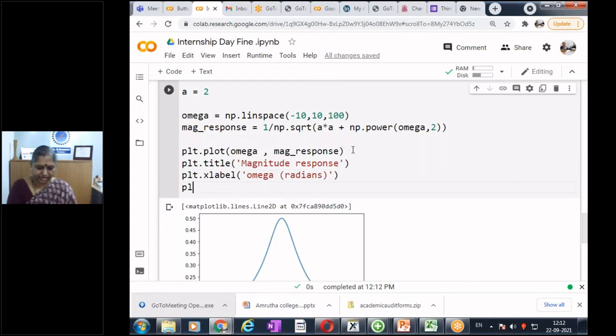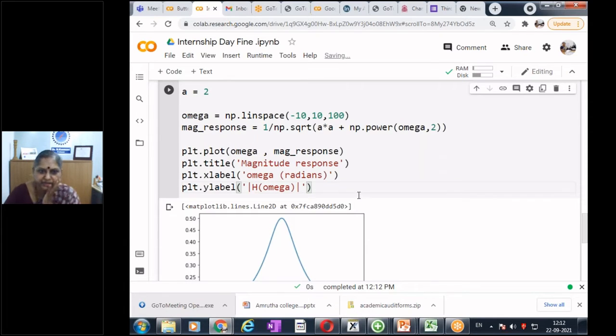And what is the y label? Y label is H of omega, the magnitude. So we will put it like this.